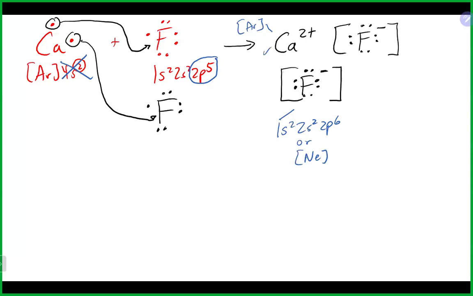That's good for it. The other one did the exact same thing, picked up one electron, 1s2, 2s2, 2p6, neon's configuration. So by calcium spreading out its electrons, one to each fluorine, all three ended up in noble gas configuration, which is stable for all of them.